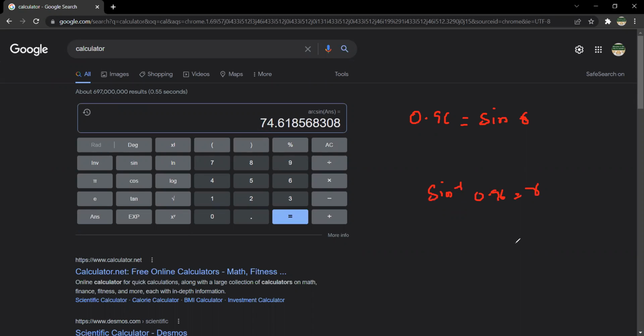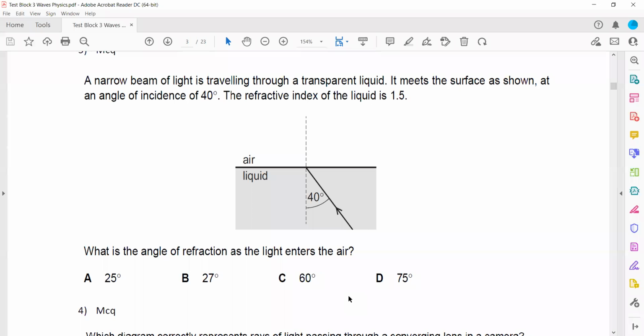So the angle of refraction should be 74.61. We'll check which option matches 74.61. It is closer to 75, so D will be the right answer.